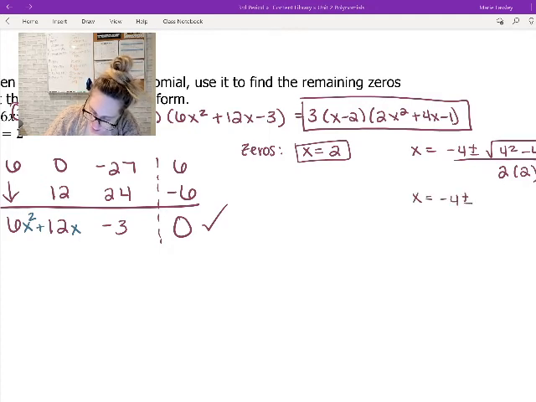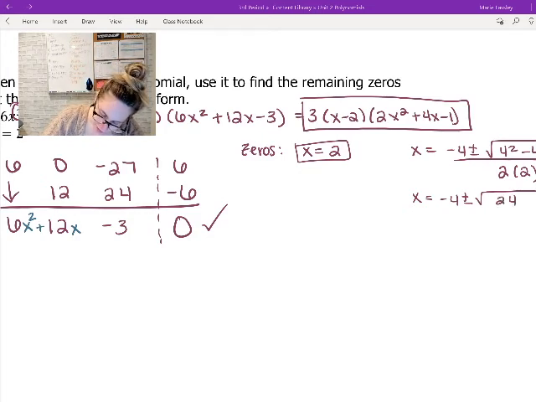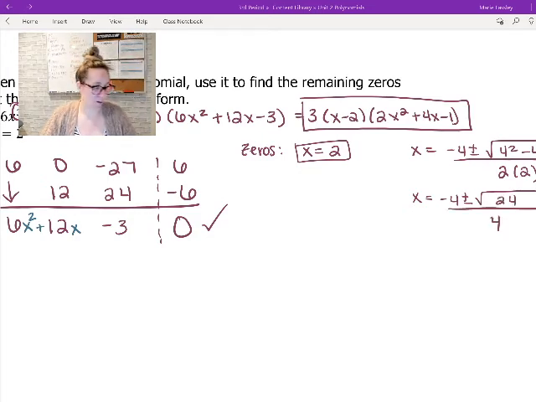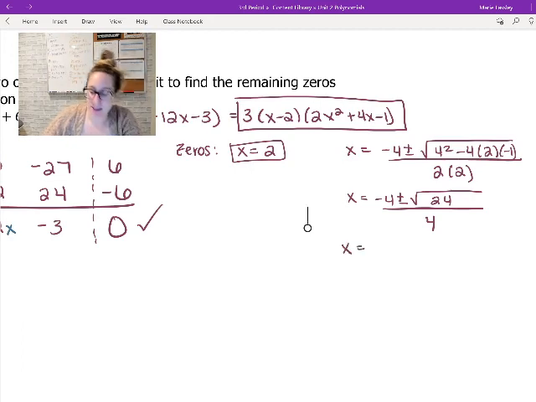Negative 4 plus or minus, I'm going to use my calculator because I want to. 4 squared minus 4 times 2 times negative 1. And that gives me 24 all over 4. All right, now I can simplify the square root of 24 more, because 24 is divisible by 4, which is a perfect square.